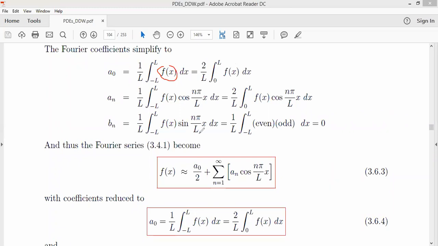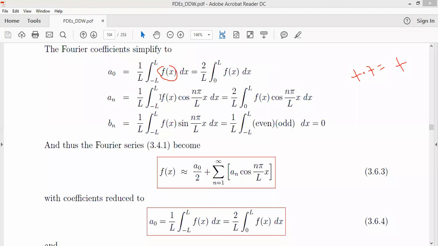Then what about An? Remember we said that a positive times a positive is a positive. So a product of an even function with an even function, you will get it as even. There are even proofs in the theorems up there. We have proved this, even and even is even.